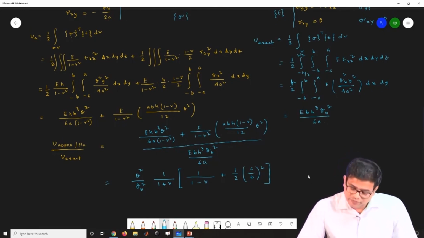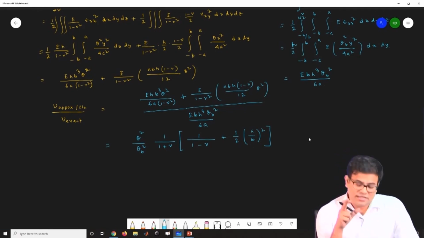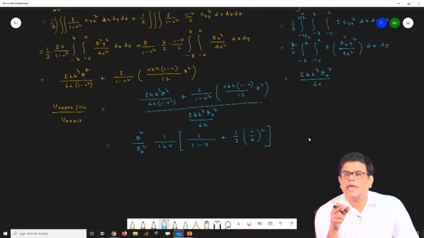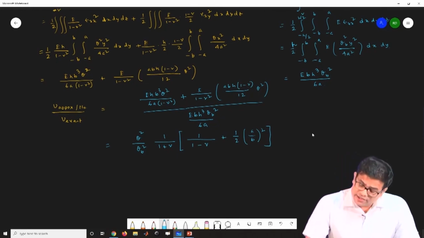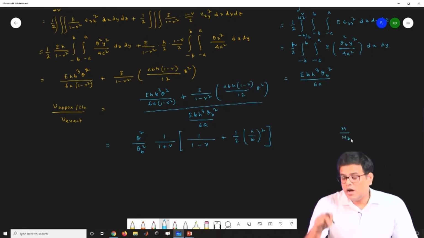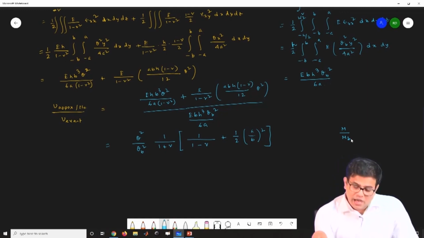So that means if I choose the same deformation, that is θ and θ_b are the same, that means I need the moment ratio M by M_b, where M is the approximate moment and M_b is your exact moment required to have θ_b deformation. You need M_b for θ_b and M for θ.